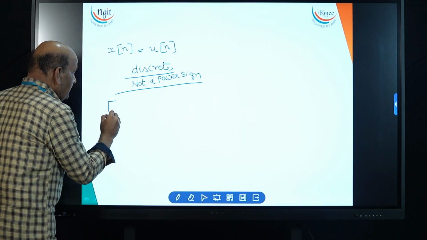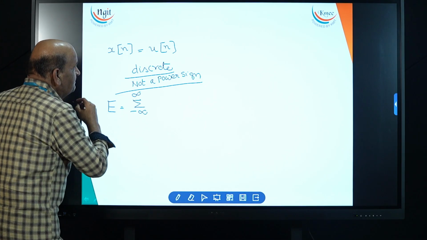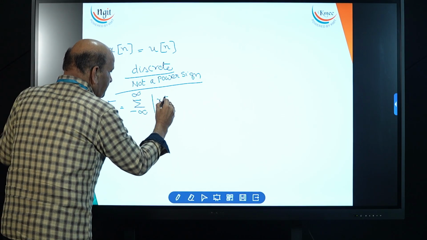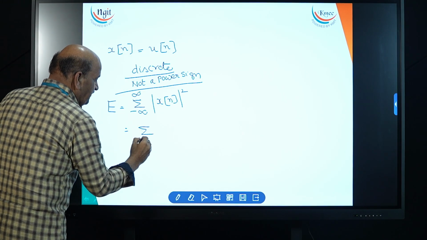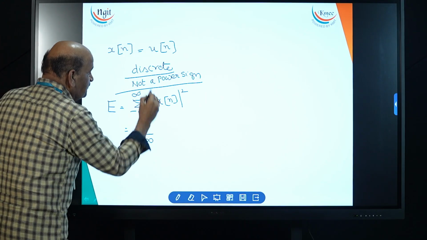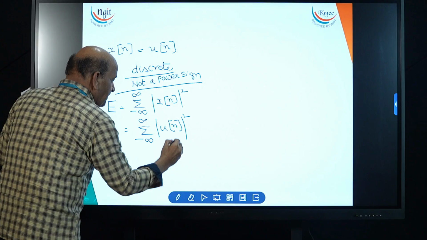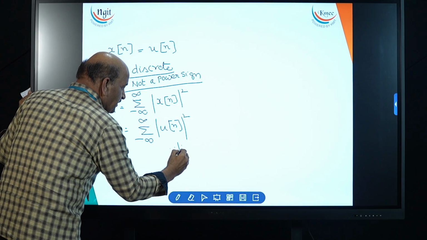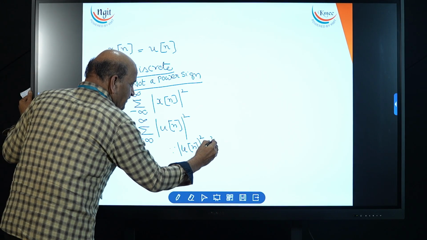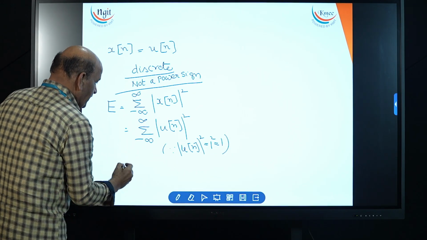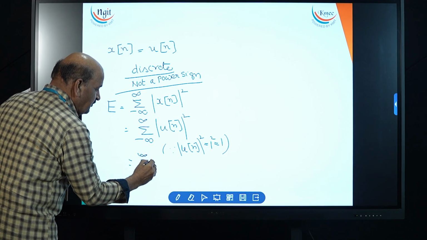In the case of an energy signal, the sum runs from minus infinity to infinity of x of n squared, which is mod u of n squared. Since u of n squared equals 1 squared, which equals 1, the sum from minus infinity to infinity gives 1 squared.